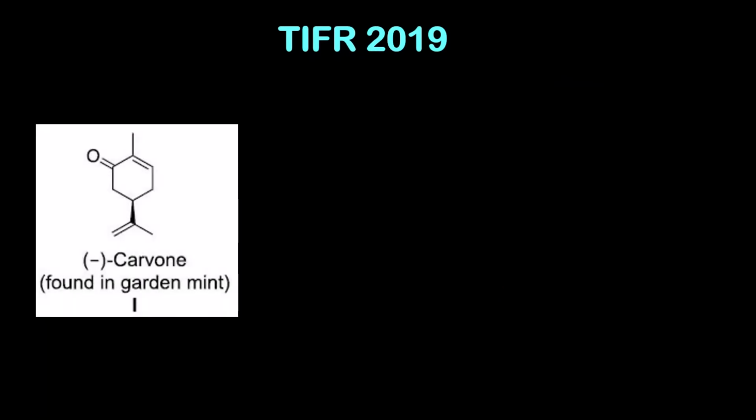So this is the first molecule, which is present in garden mint. Let us first draw this molecule. Double bond. Here there is a methyl group, C double bond O. This group is on the wedge.